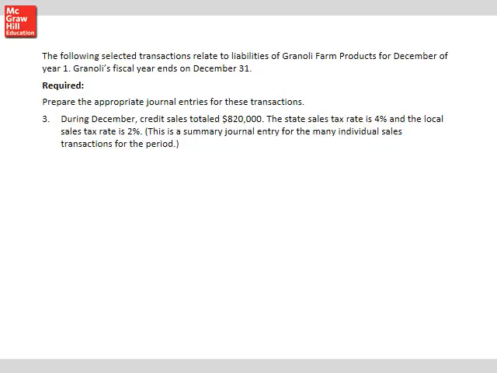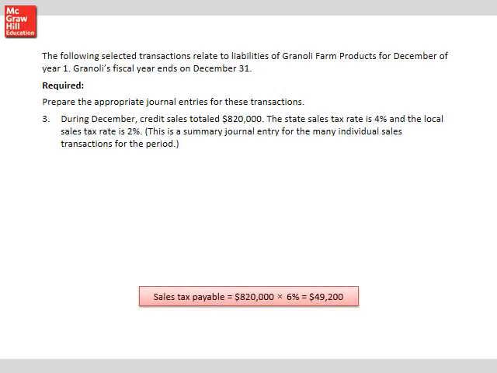Our third entry during the year is credit sales of $820,000, with a state sales tax rate of 4% and a local rate of 2%. We figure out the total, that's 6% times 820,000, or $49,200.